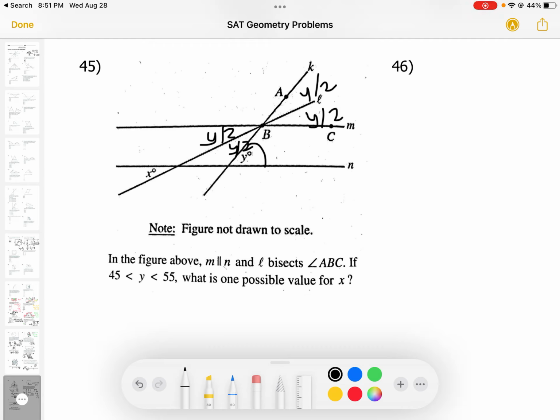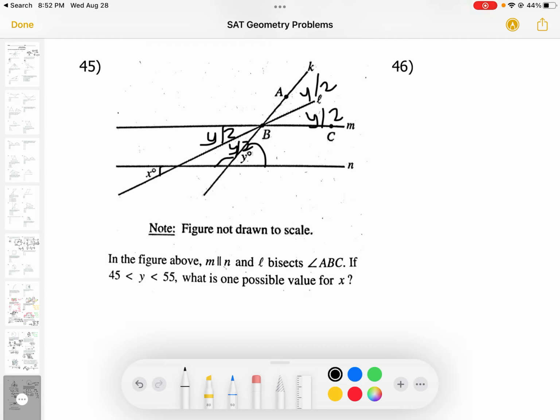Now, we want to represent x as something in y. So let's angle chase and see where we get. So immediately I know, okay, angle x is congruent to this angle right here.